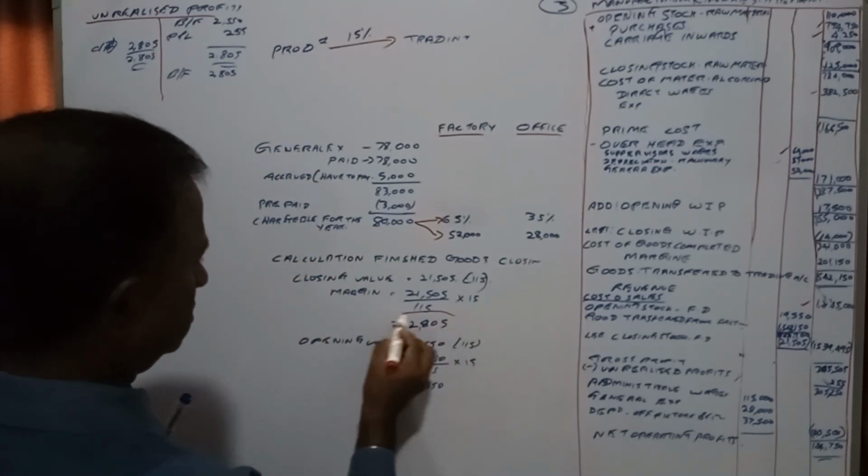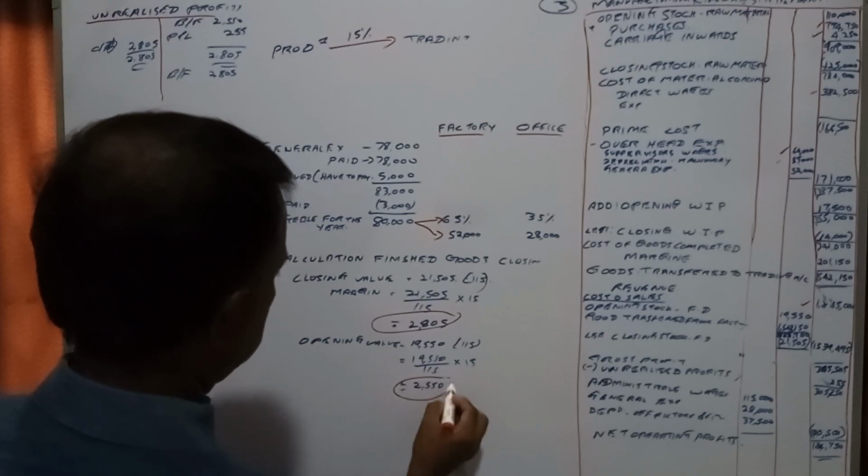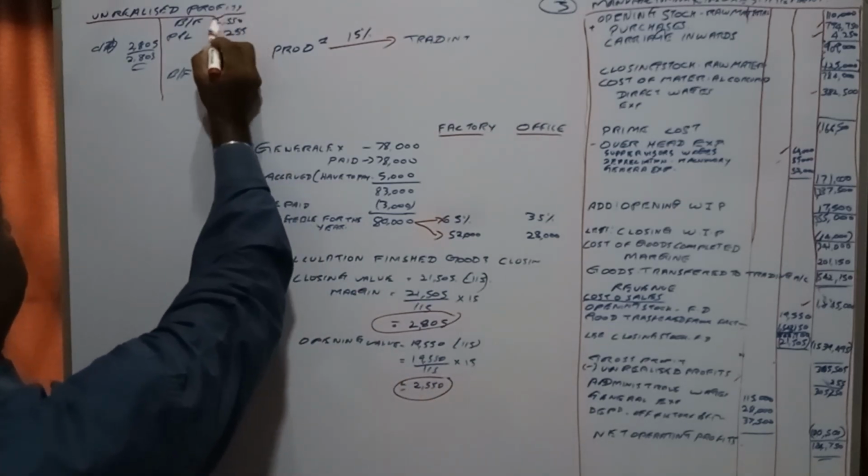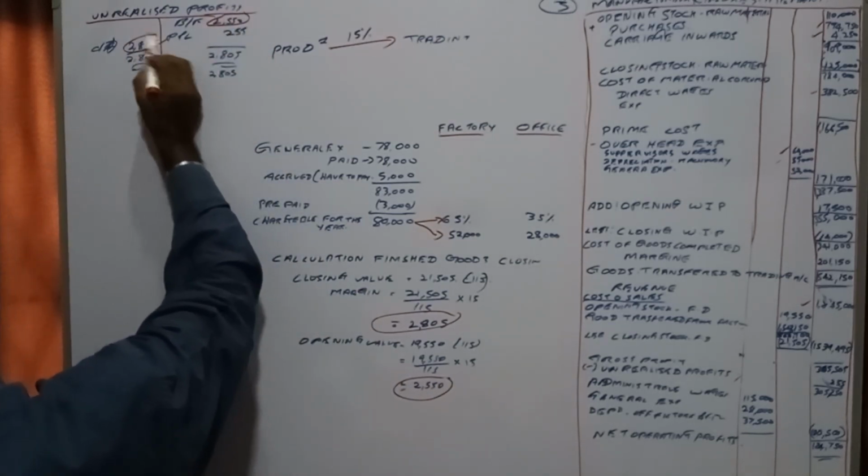This is the unrealized profit calculation method, right?